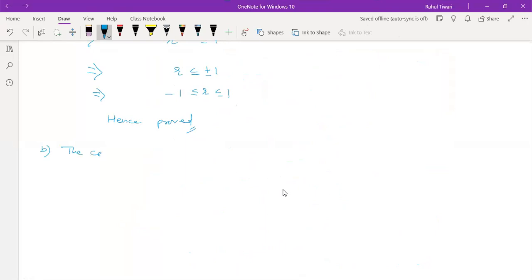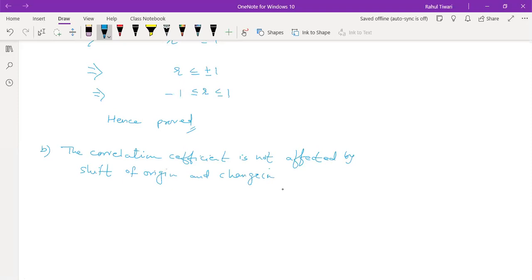The correlation coefficient is not affected by shift of origin and change in scale. This type of property we have seen for standard deviation, if you remember. Something like that we have seen in standard deviation.